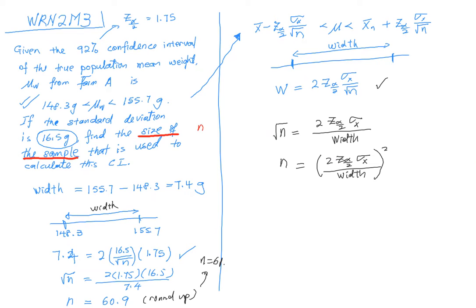All right. So this is the formula that you have to write down in your notes. This formula is for you to find the sample size. Okay, now I also can rearrange this formula.